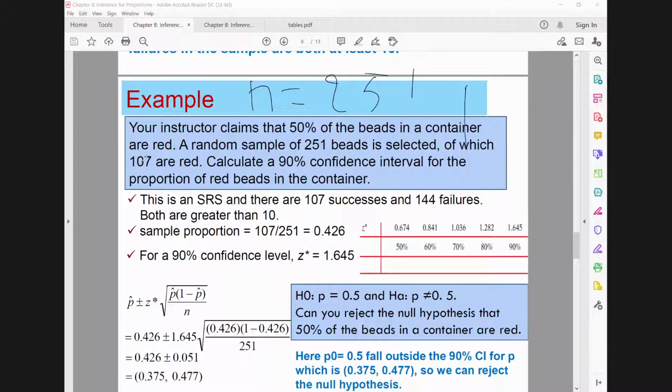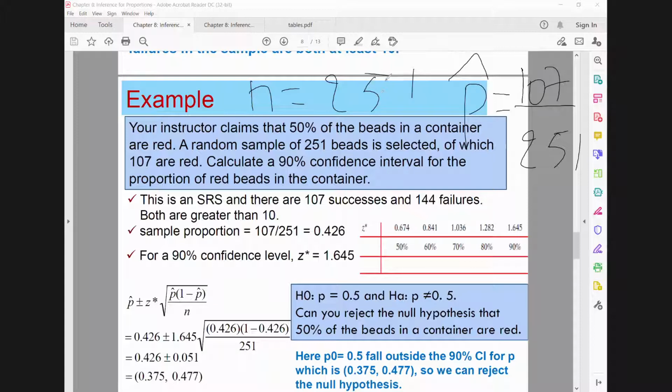Then p hat is obtained from the sample, which is the proportion of the favorable cases, 107 in this case, over the size of the sample, which is 251. Then p hat is equal to 107 over 251. P hat can be evaluated easily thanks to the sample.